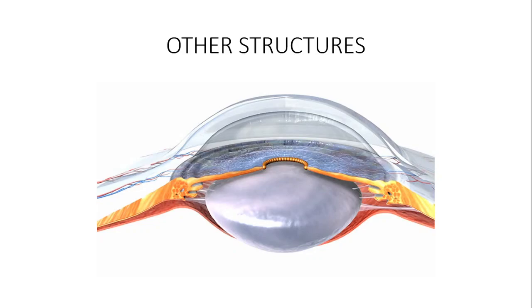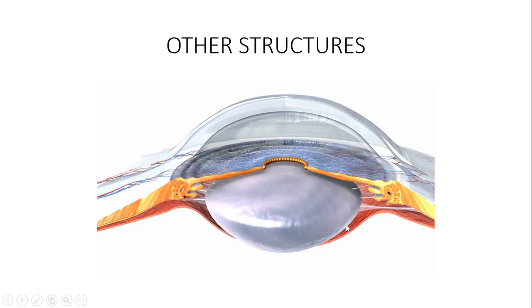So they are called crystallines. This percentage, which is 80 to 90%, is specifically called what? Crystallines. And that is how come the structure derives its name, crystalline lens.